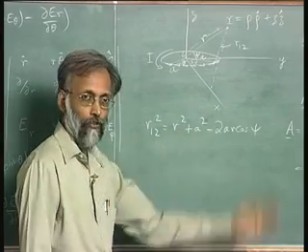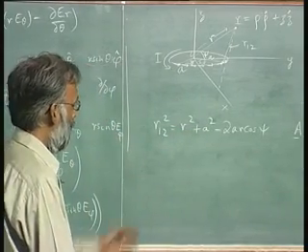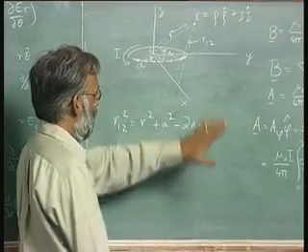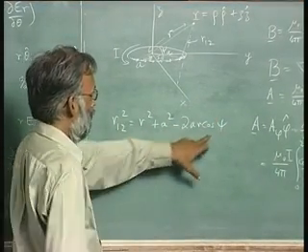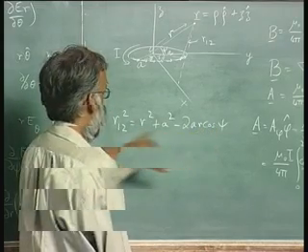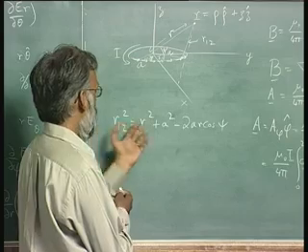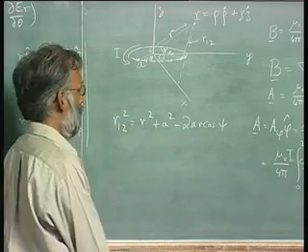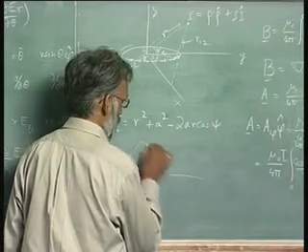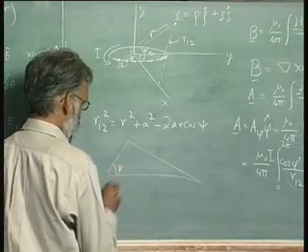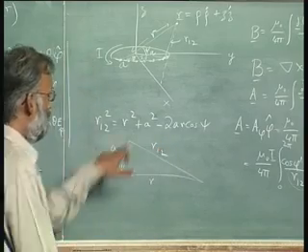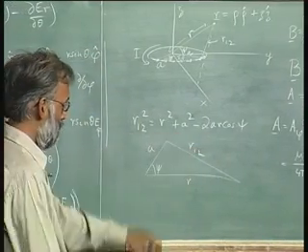You would have derived it in school. For a right angle triangle, this goes away and you get Pythagoras' theorem. For a straight line, this becomes unity, and then that just says that R12 is R plus A or R minus A. But in general, if you have any triangle, and if this angle is phi, this is R, this is A, this is R12, this is the relation you must satisfy.